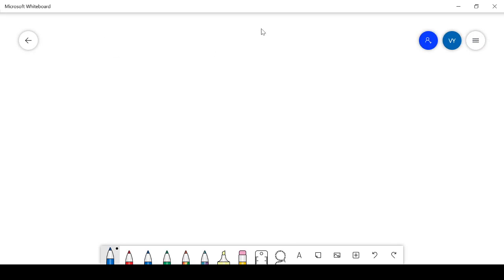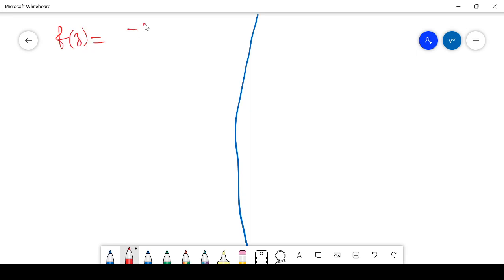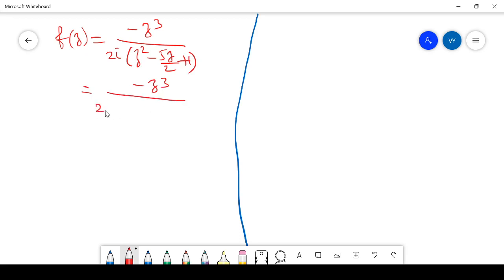So let me again rewrite f of z. f of z is equal to minus z cube by 2i into z squared minus 5z by 2 plus 1. This I can write as minus z cube by 2i into z minus 2 into z minus 1 by 2.